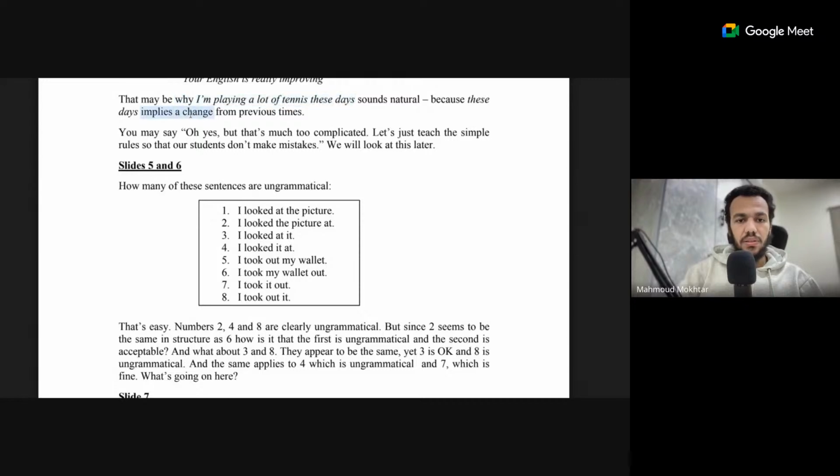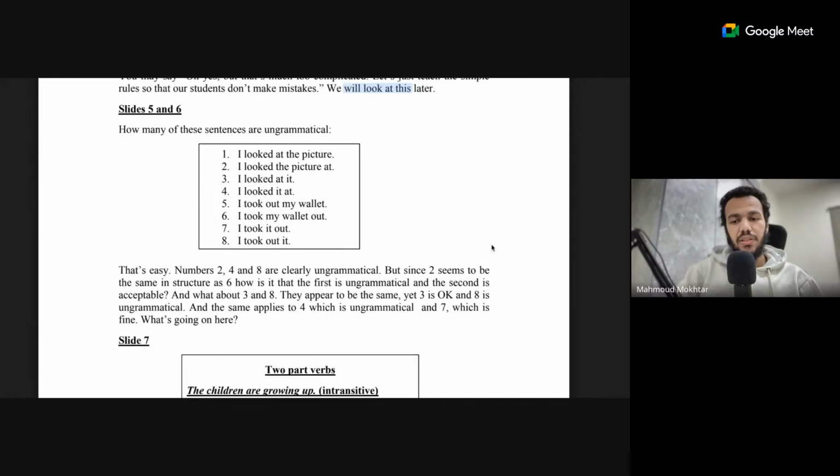This is okay. Change, yes. And you may say, oh yes, that's much too complicated. Let's just teach the simple rules so that our students don't make mistakes. We will look at this later.